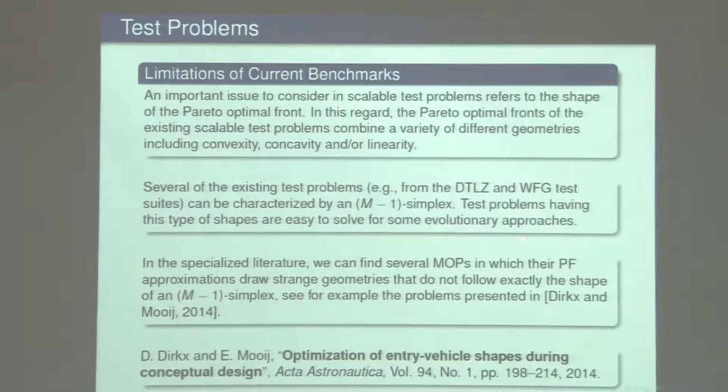And these test problems having these sorts of shapes are relatively easy to solve by an evolutionary algorithm. We also can find multi-objective problems in which the Pareto front approximations draw very strange geometries that do not follow exactly the shape of an n-1 simplex. But these problems are normally not included in the benchmarks.